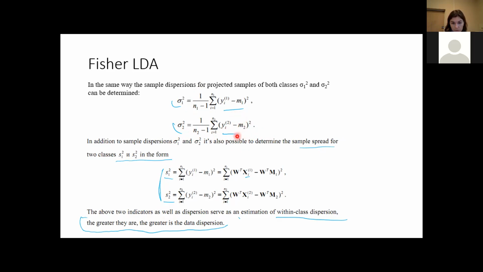We are using here the mean values, which were calculated before, and determine the sample split for the two classes in projection. We are using projections now, and in matrix form it will be like here. Two indicators as well as dispersion serve as an estimate of within-class dispersion. The greater they are, the greater the data dispersions.